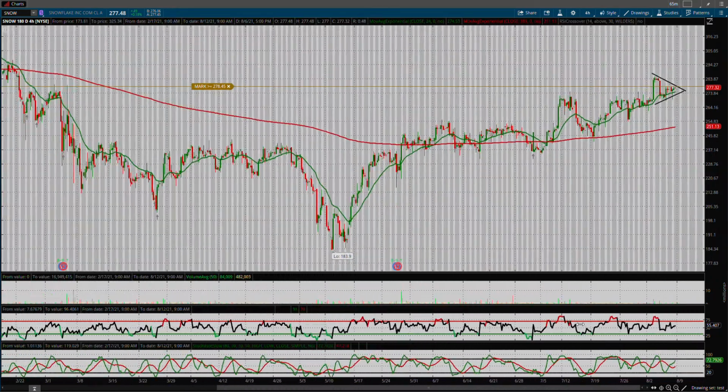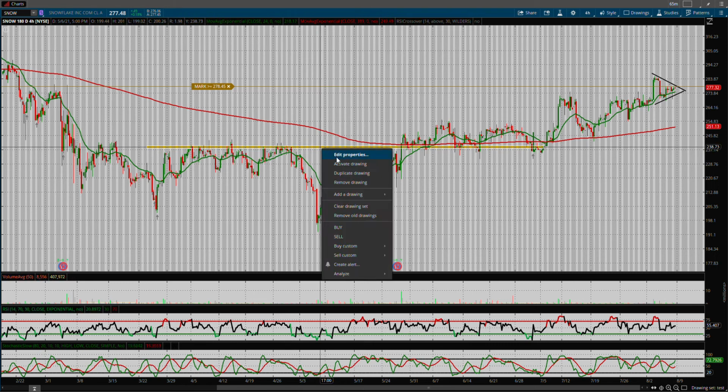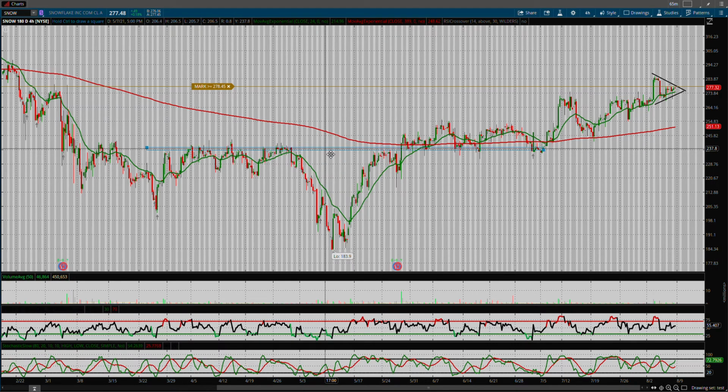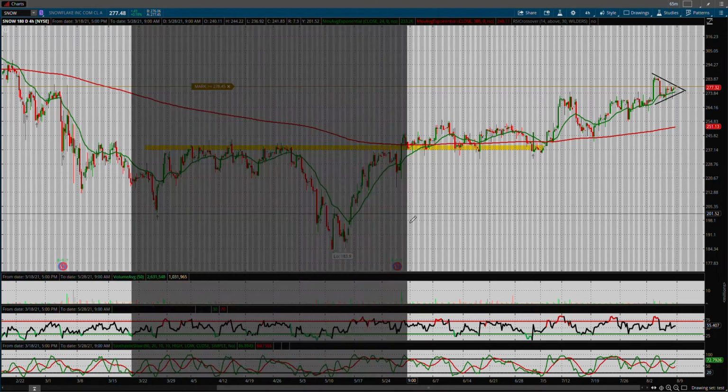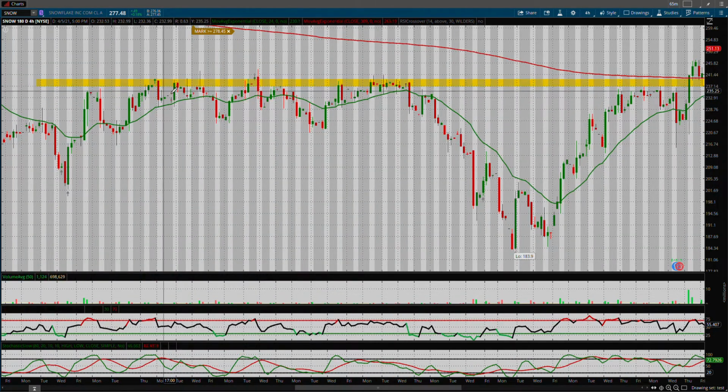And prior to that, you can still see a level of support and resistance. Now let's see, I'm just gonna mark this right here. Again, doesn't have to be perfect, but you can clearly see that this level right here is resistance or supply zone, meaning when it gets to this price, what happens?